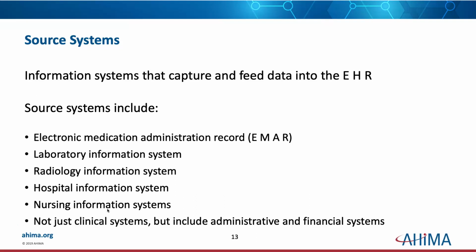And under source systems, there's administrative and financial applications, departmental clinical applications, specialty clinical systems, and smart peripherals. Those four things right there, administrative and financial, department clinical, specialty clinical, and smart peripherals, those all make up the source systems for an EHR.